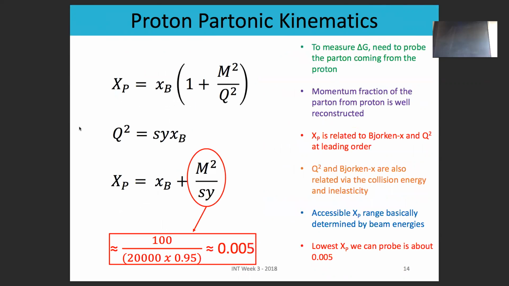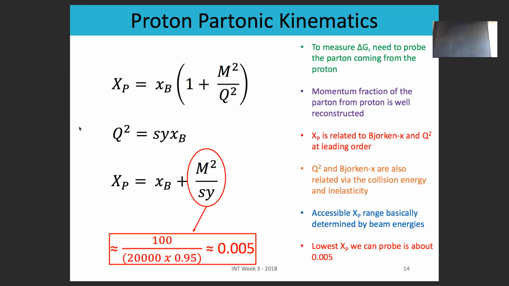for this type of process. The momentum fraction of your proton is given by this relation, which can be rewritten in terms of the beam parameters and our Dijet mass.